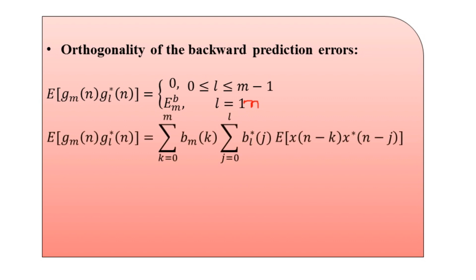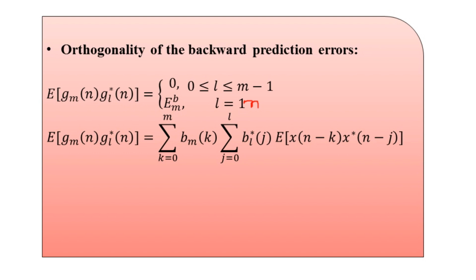So it is equal to the summation k is equal to 0 to m for b suffix m of k multiplied to the summation j is equal to 0 to L for b suffix L conjugate of j here multiplied to capital E of, in the bracket we have x of n minus k multiplied to the conjugate of x of n minus j here.